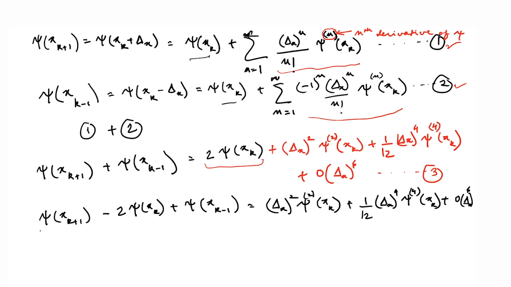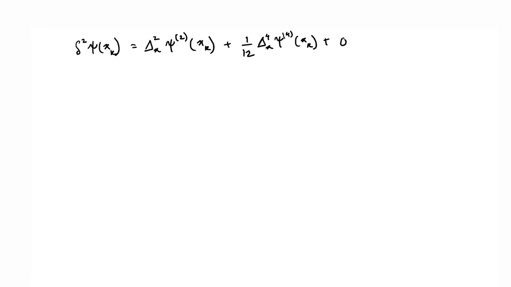So, this is what I get, and if you look at the expression on the left hand side, this part here reminds me of one thing. This part is nothing but my delta 2 psi of x_k. This is the central difference formula which we always use. So, using this, we can rewrite this equation in the following way.